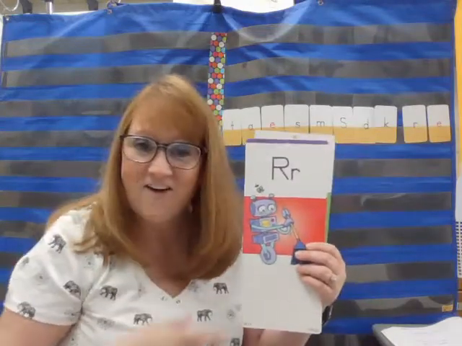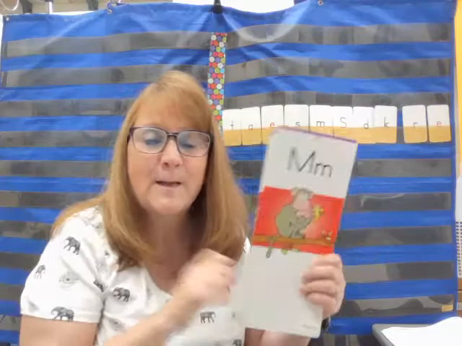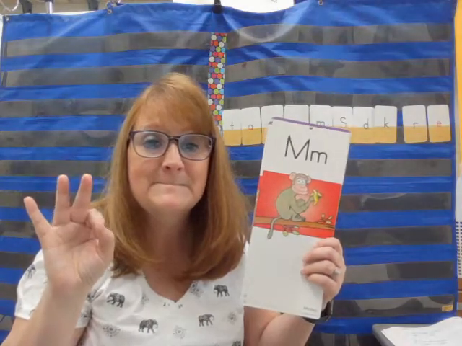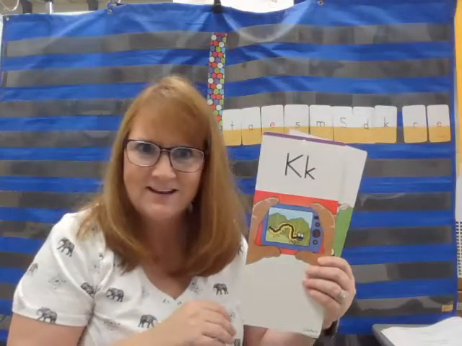Also, our T sound, right? And the S sound, the R sound of our racing robot, the M sound, the K sound, there's a lot of sounds today, and then the short A sound.